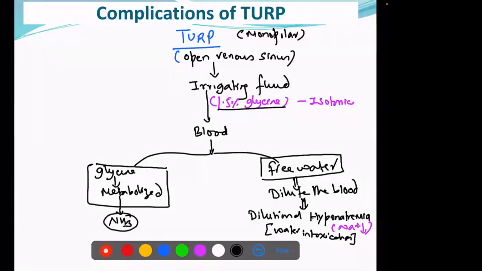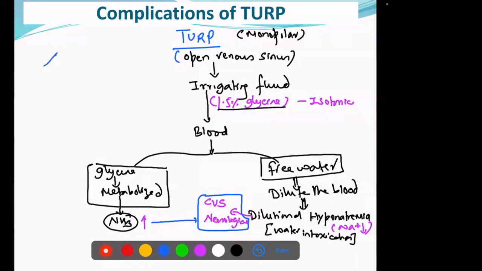Now you can see here, due to the lack of sodium, it causes some cardiovascular impact or neurological features. And excess amount of ammonia can also cause neurological symptoms. So a patient who underwent TURP can develop some cardiovascular and neurological symptoms due to dilutional hyponatremia and excessive ammonia accumulation inside the body.